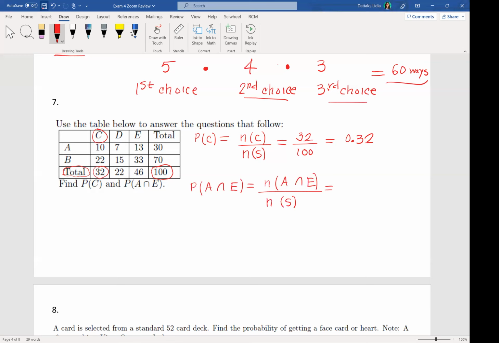Let's look at A and E. Here's A, and here's E. You come down to the intersection. That's 13. The total space is still 100. Okay.